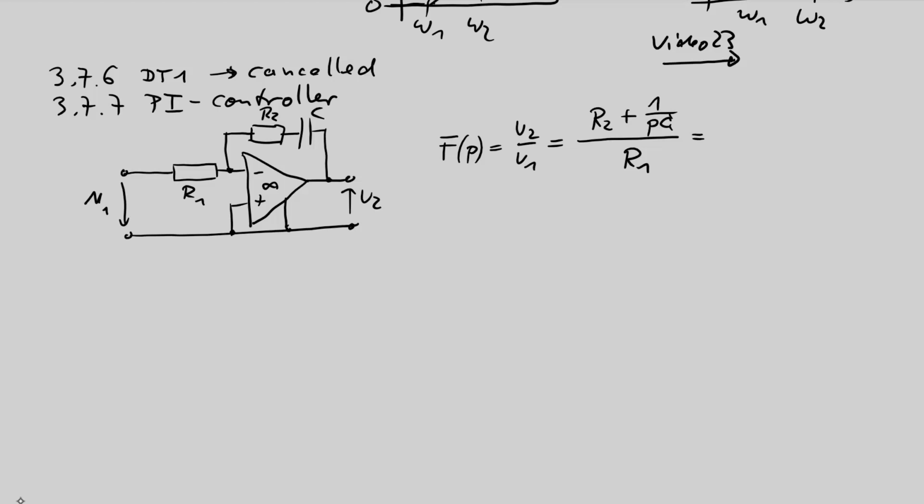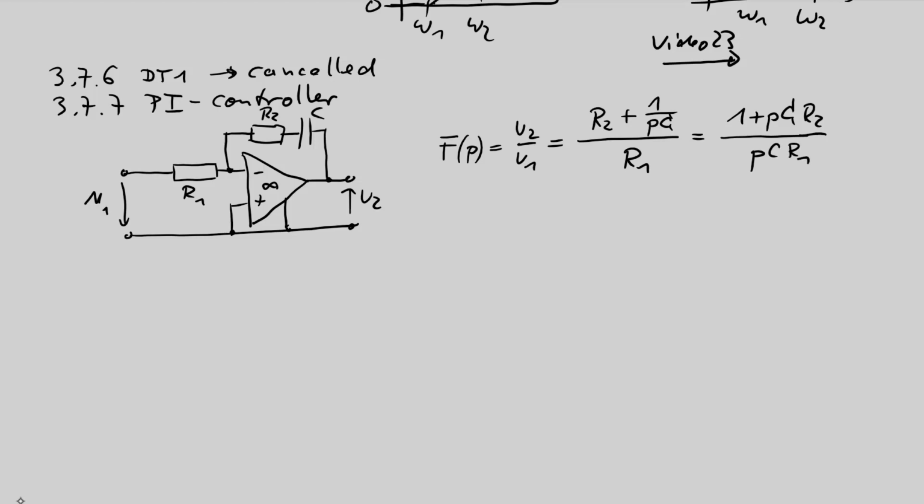I want to have only one division line, so I multiply numerator and denominator with pC and get 1 plus pC R2 divided by pC R1.